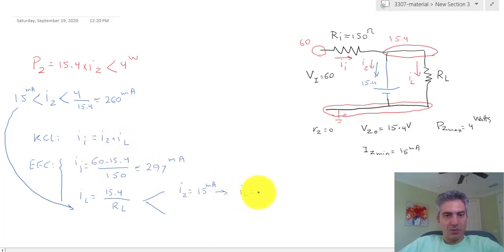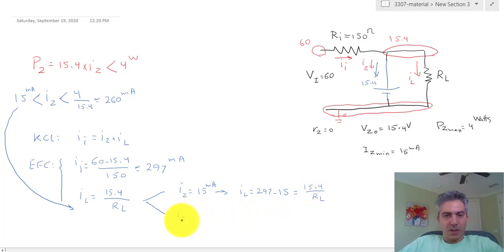From KCL, IL is II minus IZ, so this would be 297 minus 15. Off of that you can calculate your RL.